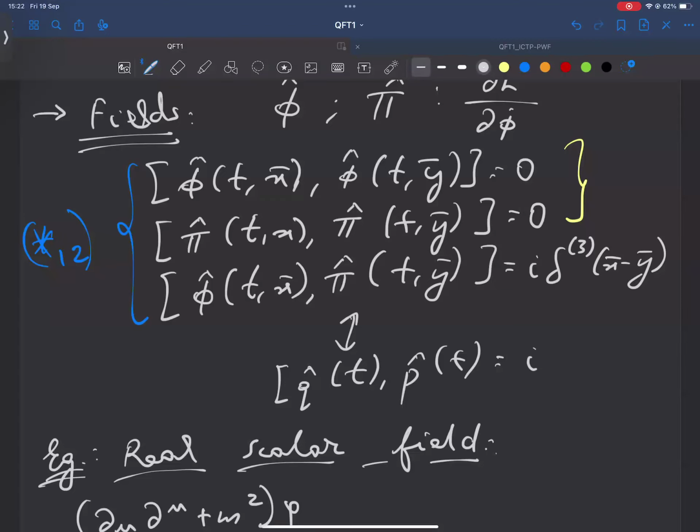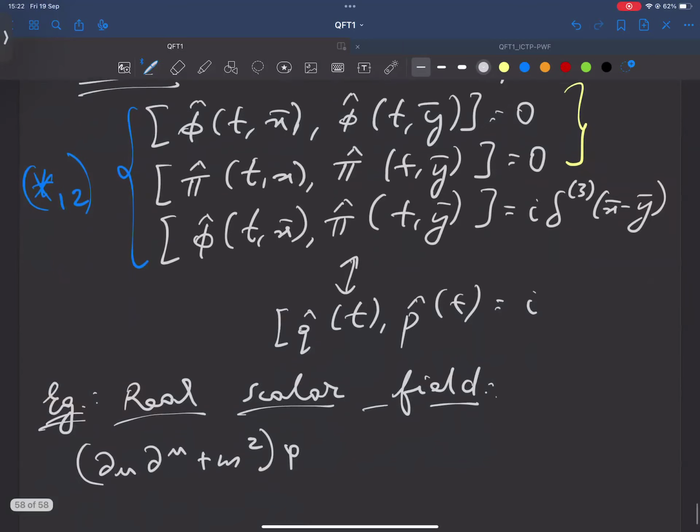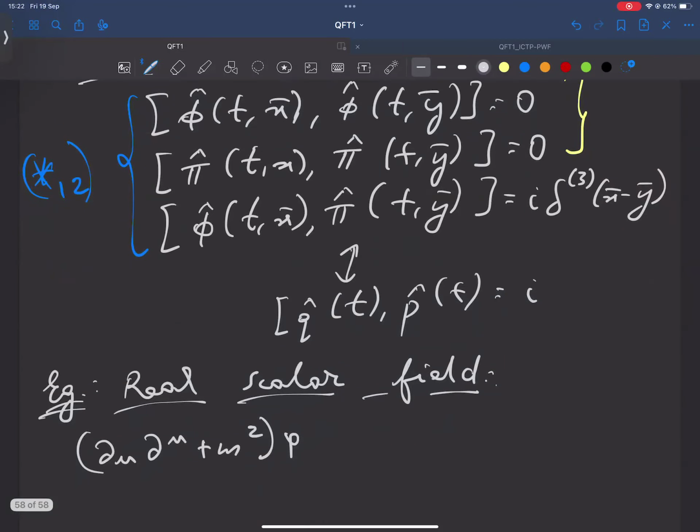Yeah, only phi and phi commute. Thanks for pointing out that phi and phi commute, pi and pi commute, space and time, they don't commute, right? Thanks for that.